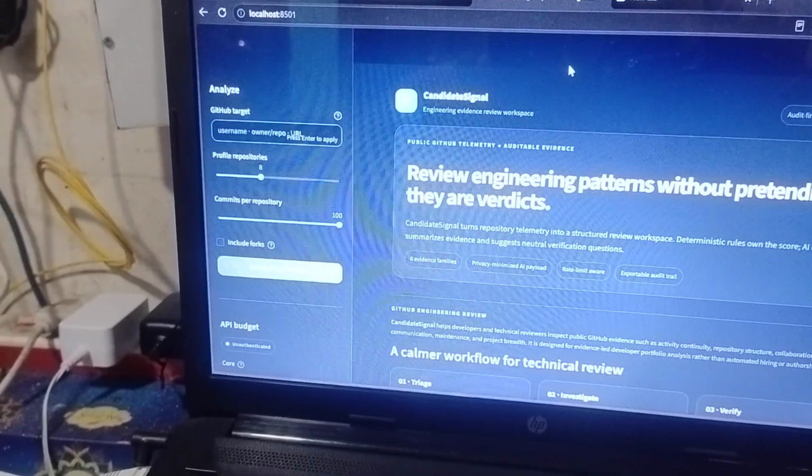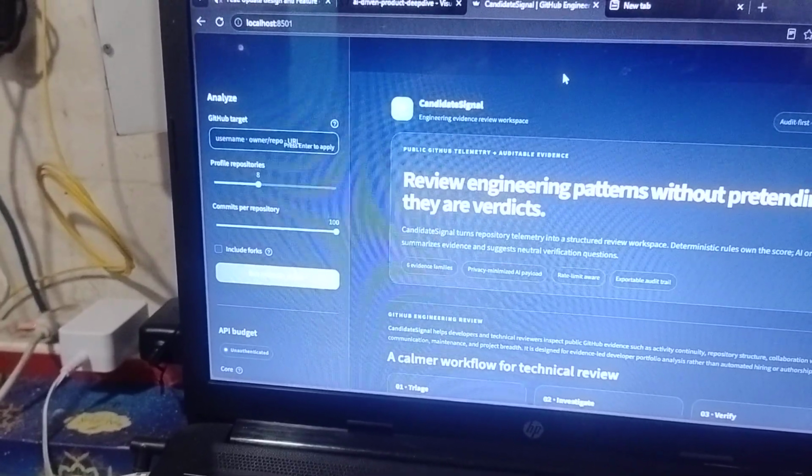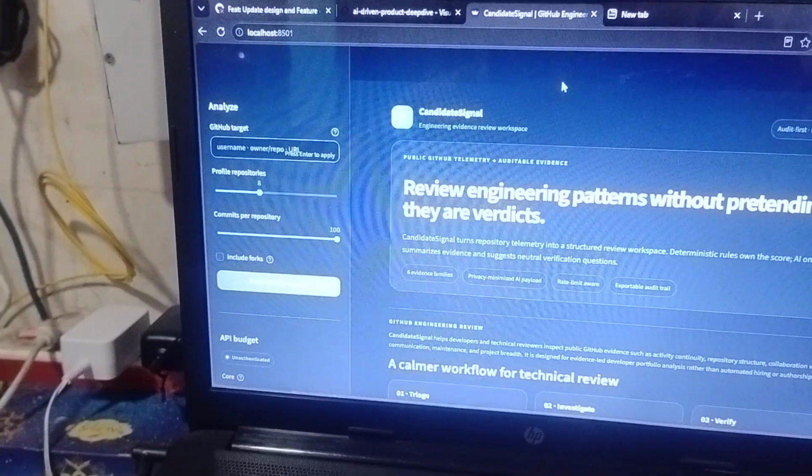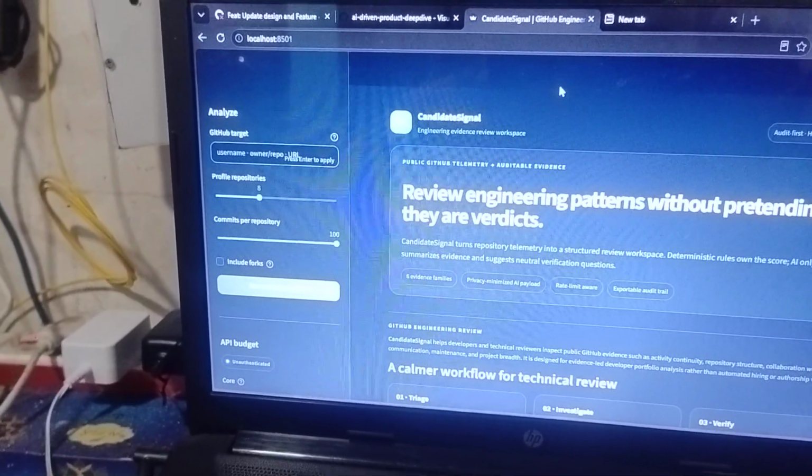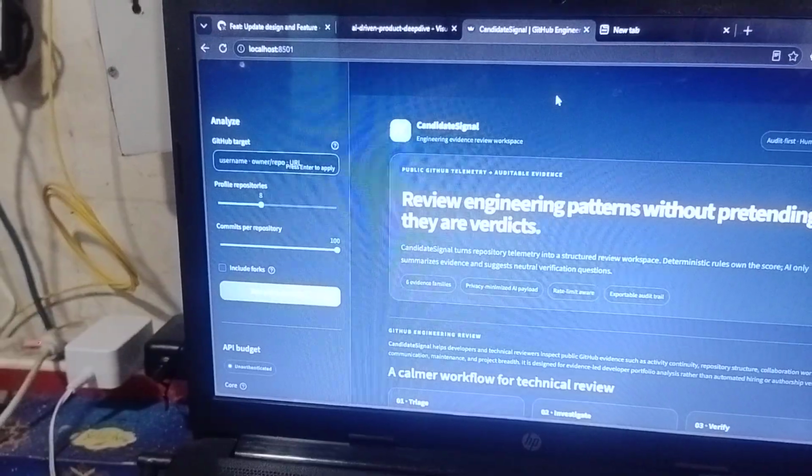So I designed CandidateSignal around different principles. AI should help explain the evidence, not replace the engineer's judgment.